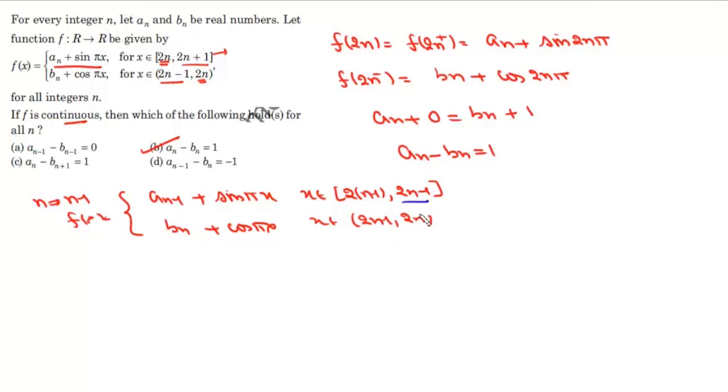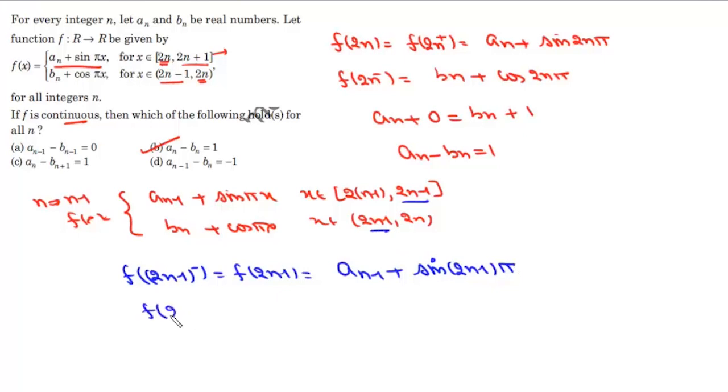Now we can write limits for 2n minus 1. So f 2n minus 1 negative will be equal to f 2n minus 1. It will be this an minus 1 plus sine 2n minus 1 pi, and here for f 2n minus 1 positive, it will be this definition, which is bn plus cos 2n minus 1 pi.